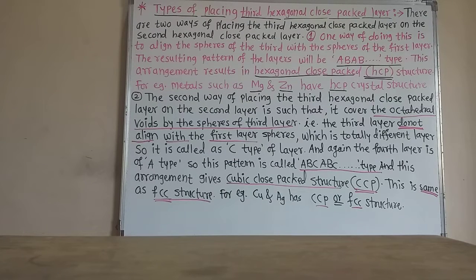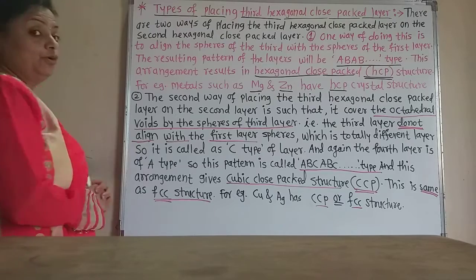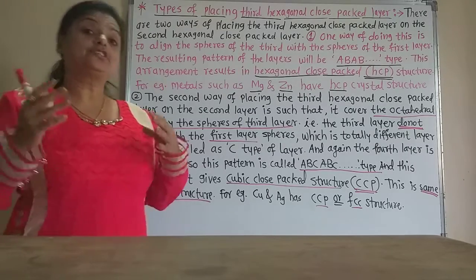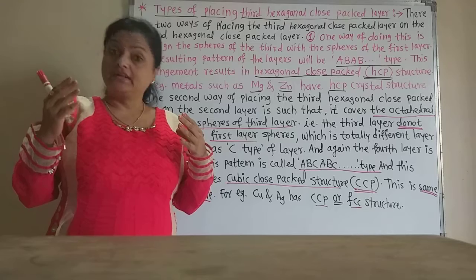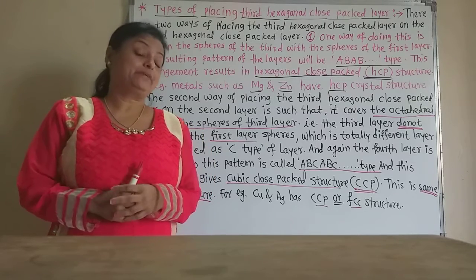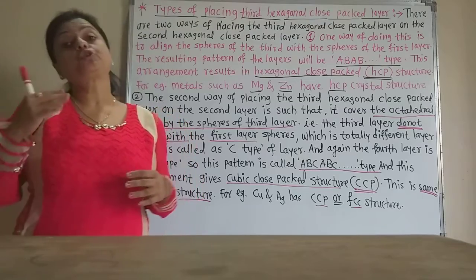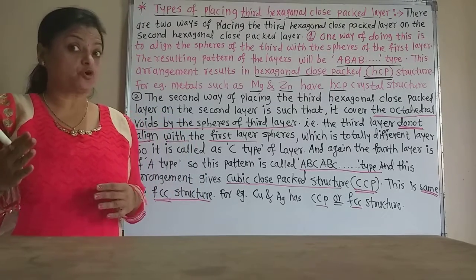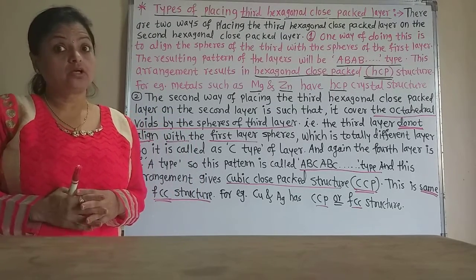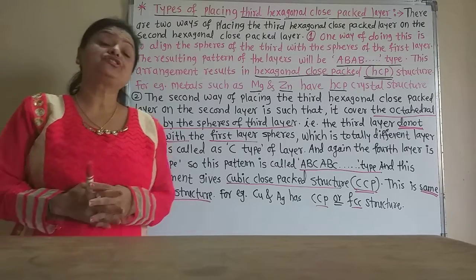Now again pay attention students here. We know that the hexagonal close packed structure is a two-dimensional structure, and on stacking this two-dimensional structure there is formation of the three-dimensional structure.